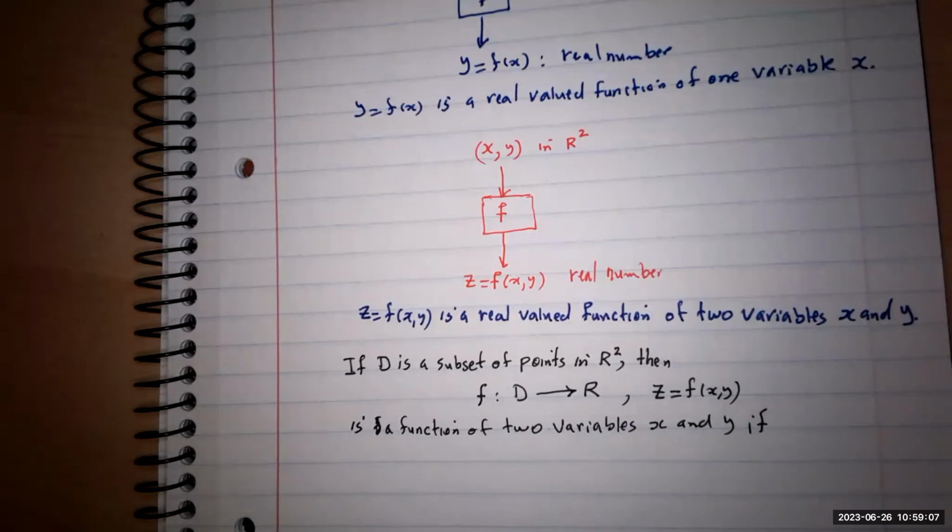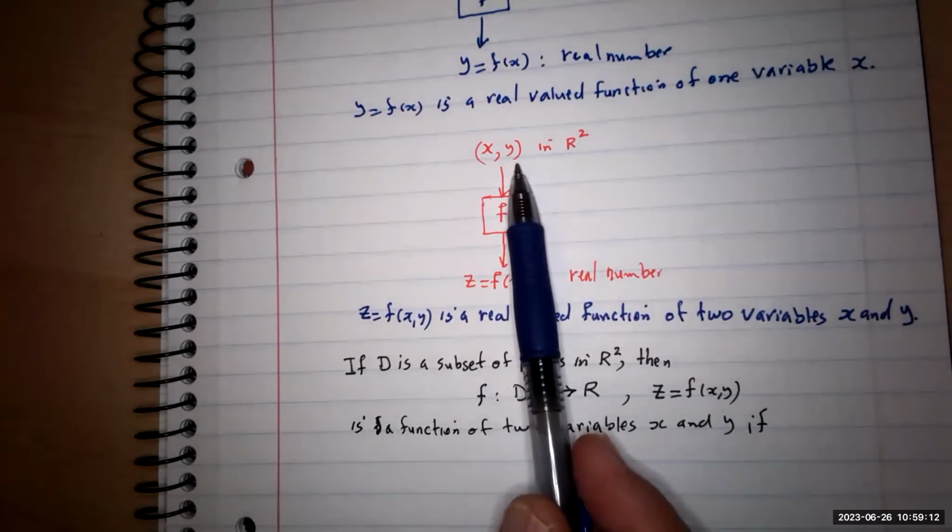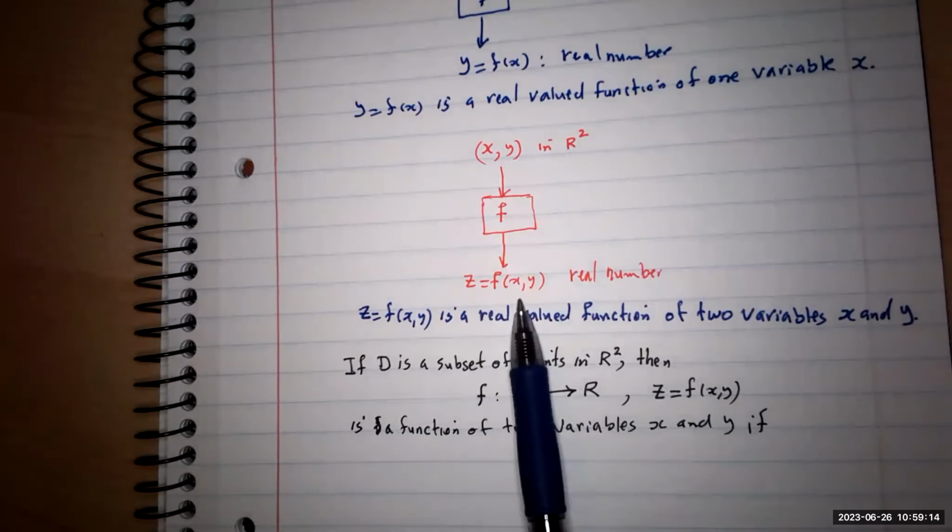So what is the condition? The condition is that for each x and y, you get only one z that satisfies this condition.